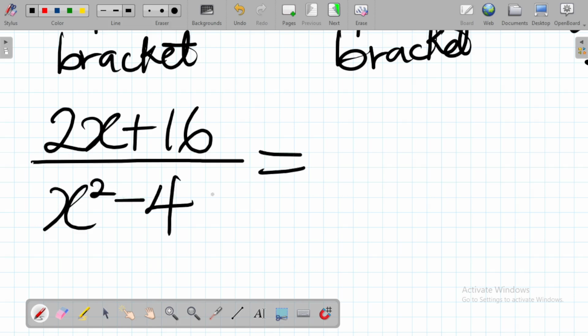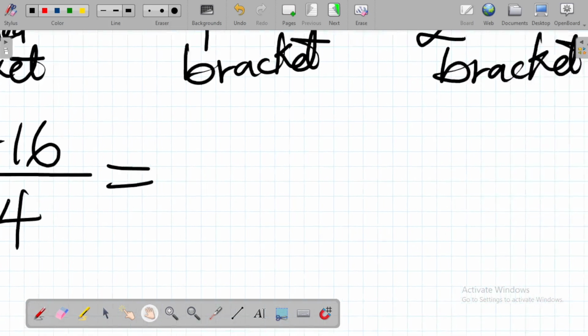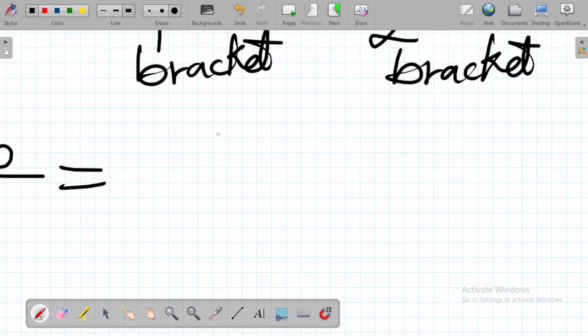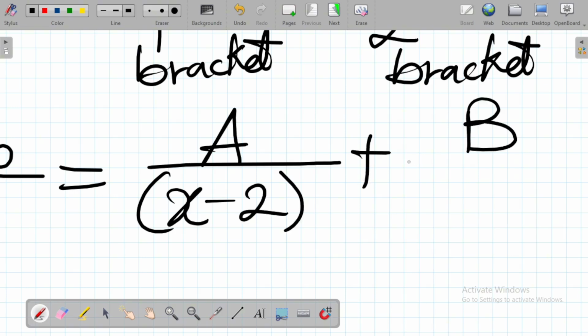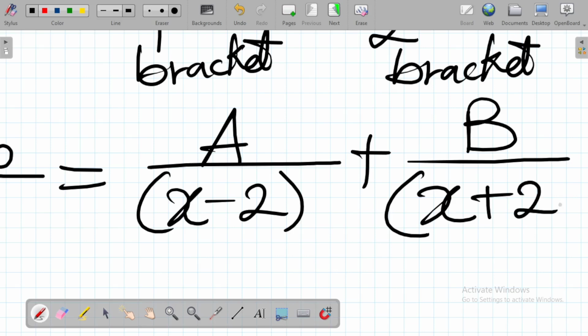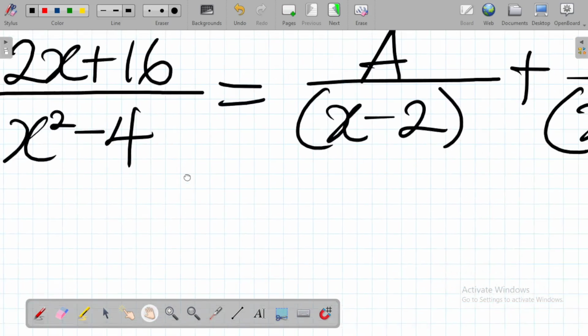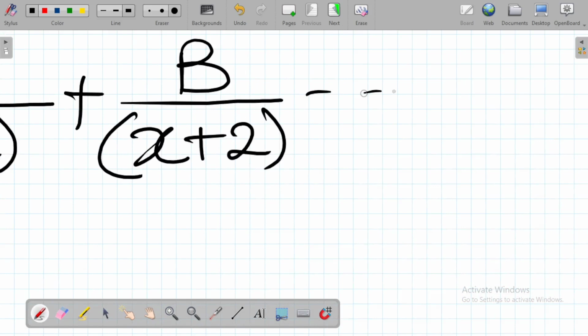So it is equal to a all over the first bracket in the denominator, x minus 2, and then plus b all over the second bracket given in the question, x plus 2. So let's call this equation 1.